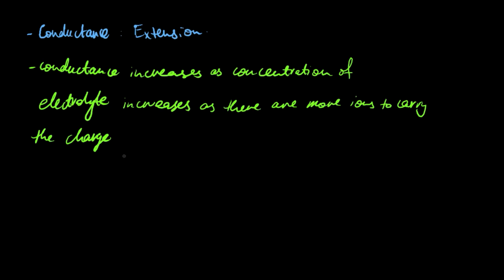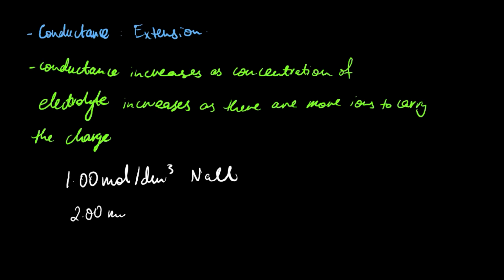So for example, if I have a 1 mol per dm cubed NaCl solution, and if I have a 2 mol per dm cubed NaCl solution, obviously I have increased the concentration. If I have increased the concentration, then that means that the electrical conductivity will also be higher because there are more ions present to conduct electricity now.